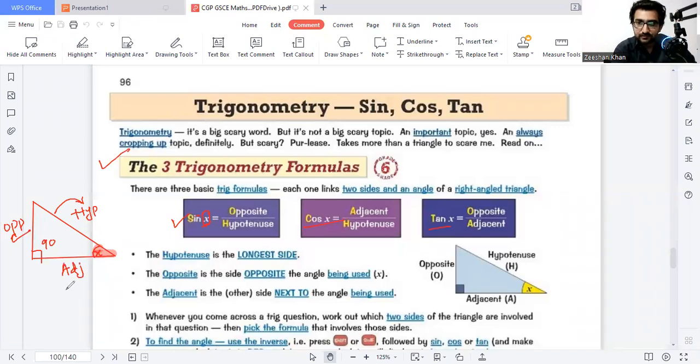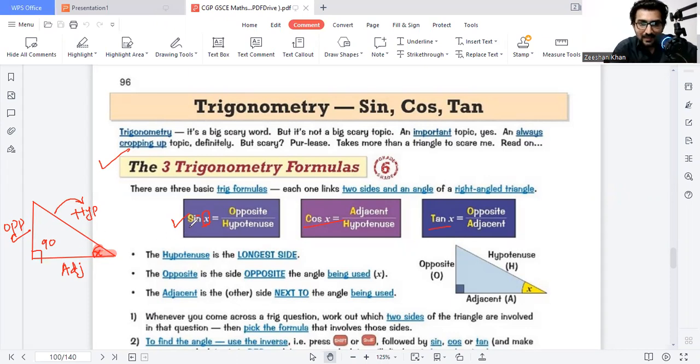Let me revise quickly again: opposite to the 90-degree angle is the hypotenuse, opposite to the angle given other than 90 degrees is called opposite, and the other one is adjacent.